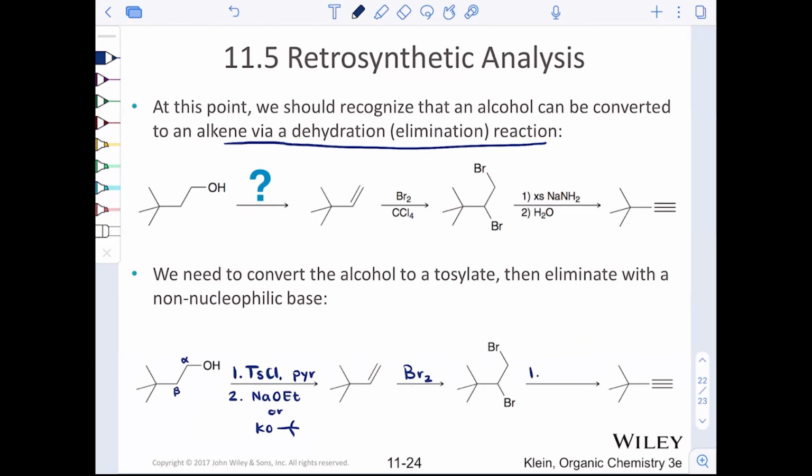Then we'll use our NaNH2, our sodium amide base, followed by the water workup, because we have a terminal alkyne. Overall, we have 1, 2, 3, 4, 5 steps. That's how we would list them out.